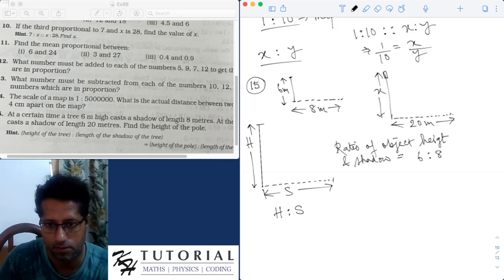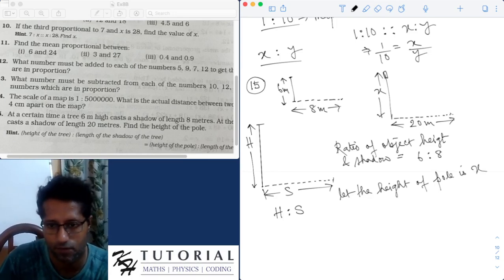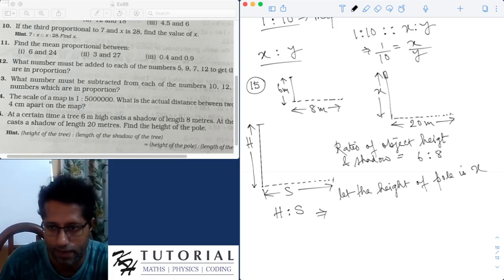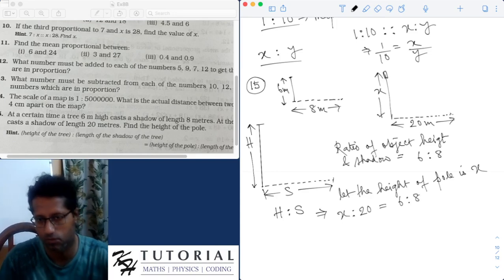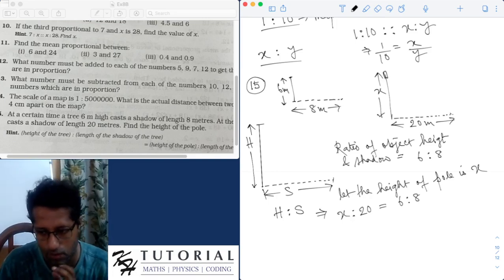Now let the height of the pole be x. Since it is the same time, the ratio of the height of the pole and its shadow, x to 20, has to be equal to 6:8, because this ratio is fixed. It is the same for any object's height and the length of its shadow at the same time.